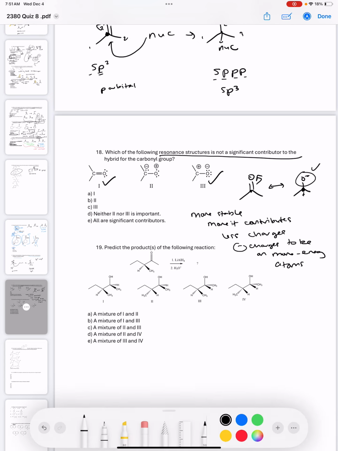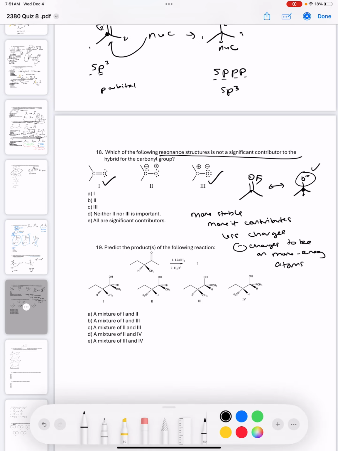Now the other thing that they have here is one that you probably haven't seen before, where we took our double bond and went like this. The reason you haven't seen it is because this doesn't happen very often, because it leaves this top one without a full octet, and it leaves oxygen, let's see, 1, 2, 3, 4, 5, positively charged oxygen, and negatively charged carbon with a lone pair.